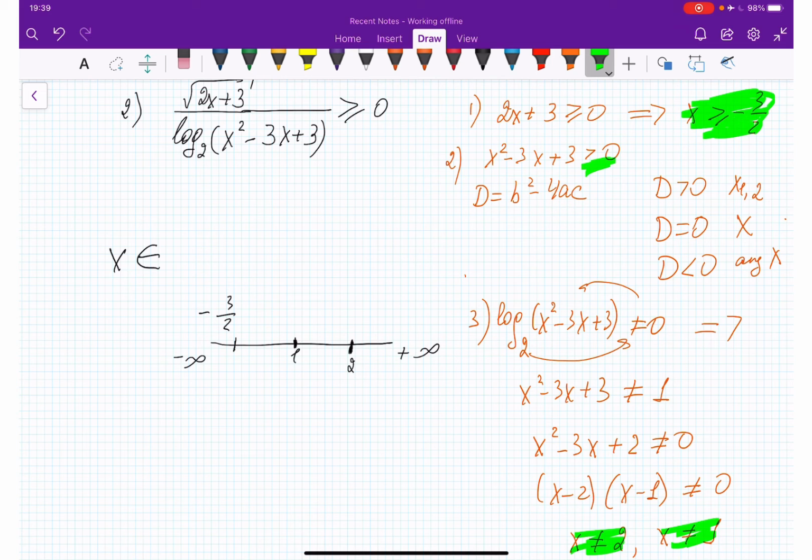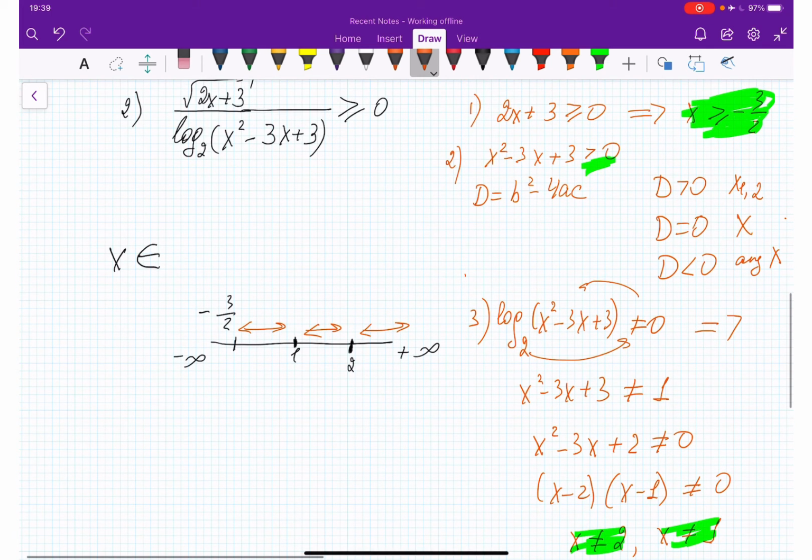So this is going to be the first interval, greater. We cannot take this side because x has to be greater than negative 3 over 2. Then we are taking between 1 and 2, and we are taking from 2 to positive infinity.